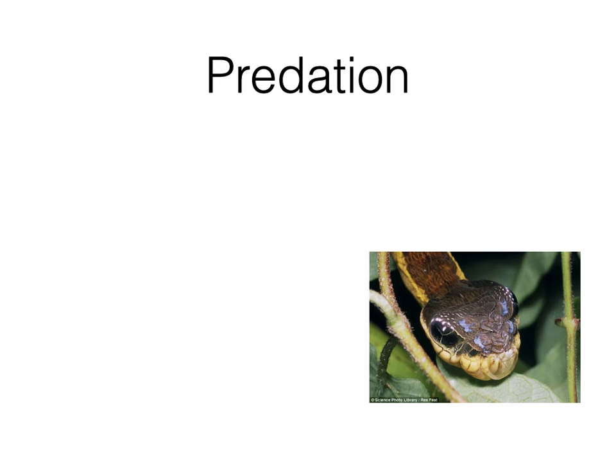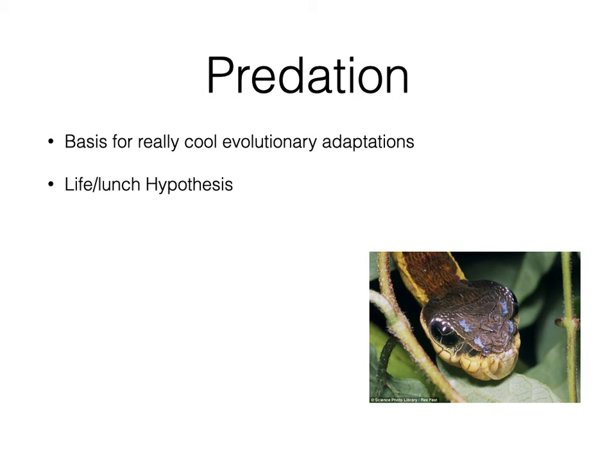All right, so in thinking about moving from competition to predation, predation is the basis for some really neat adaptations that we observe amongst animals and plants. And so there is a hypothesis within the relationship of predation called the life-lunch hypothesis.